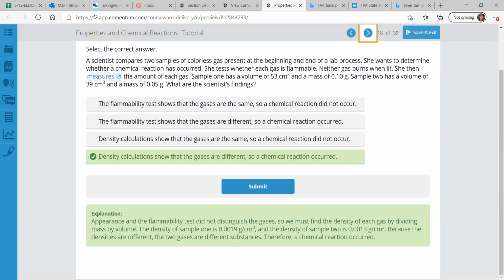So in this case, sample 1 has 0.0019 grams per cubic centimeter, and sample 2 has 0.0013 grams per cubic centimeter. Because the densities are different, the two gases are different substances. Therefore, a chemical reaction occurred.